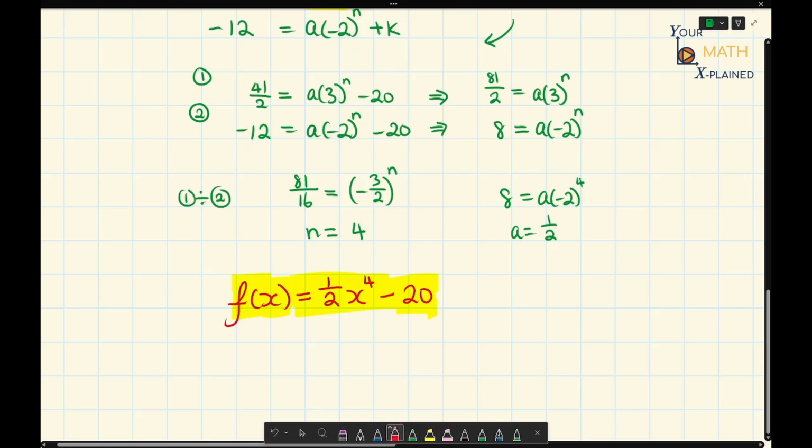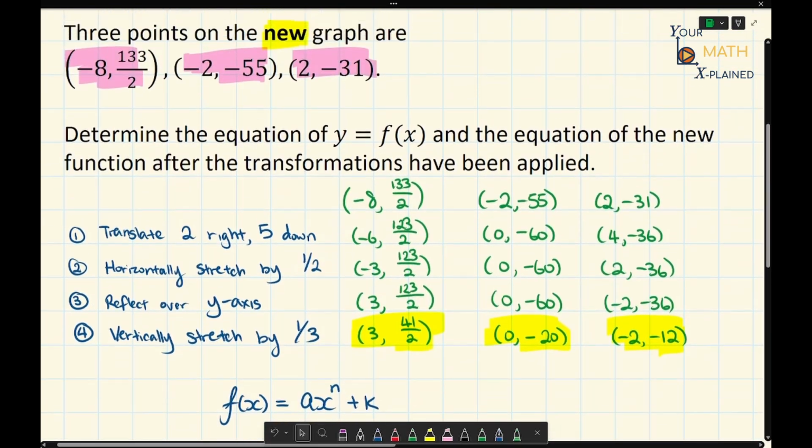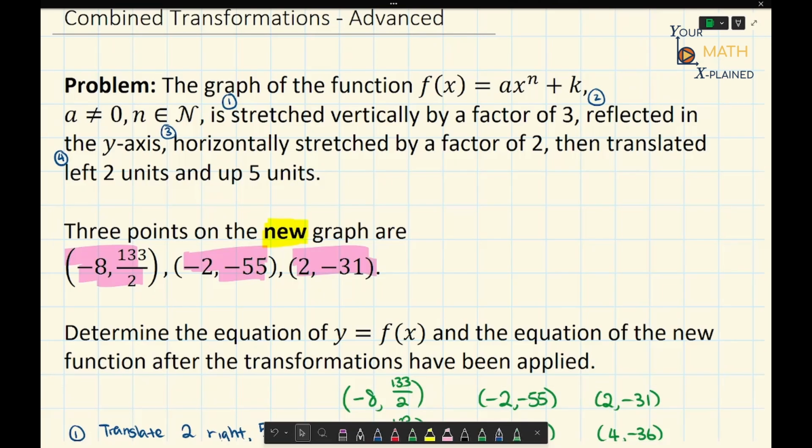Now, the second part of the problem is to find the equation of the new function after applying the transformations. So let's go back and take a look at what the transformations are. It was these 4 transformations. What we're going to do is write this in function notation and do it by replacement.